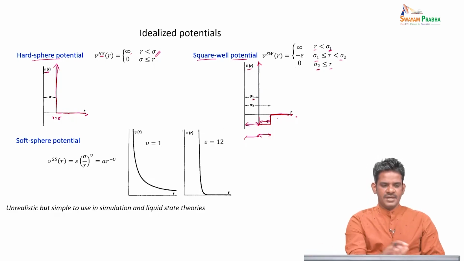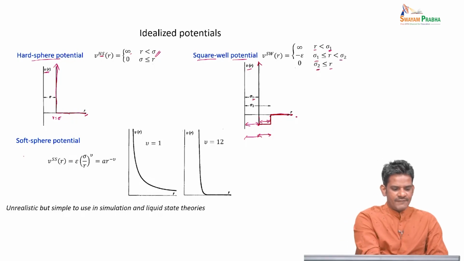Apart from the hard sphere and square well potentials, we also have what's called the soft sphere potential, where SS means soft sphere. It is represented as epsilon times sigma by r to the power of some exponent nu. In other words, you can also write this expression as some parameter a times r to the power minus nu.